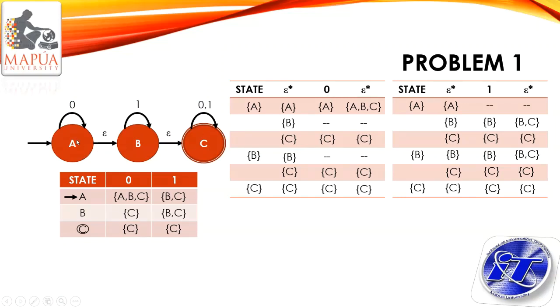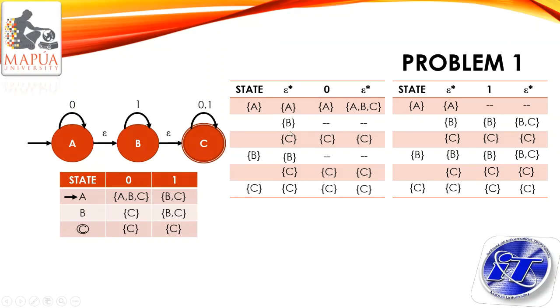If it's 0, it will just loop within itself in A. But A has an epsilon closure, wherein if it stopped at A, it could reach A, B, and C. So that's why ABC will be the next state when we stop with A, because it could be reached through epsilon.